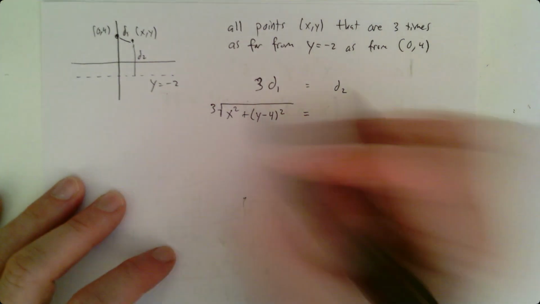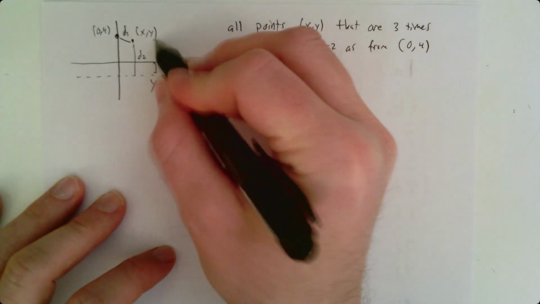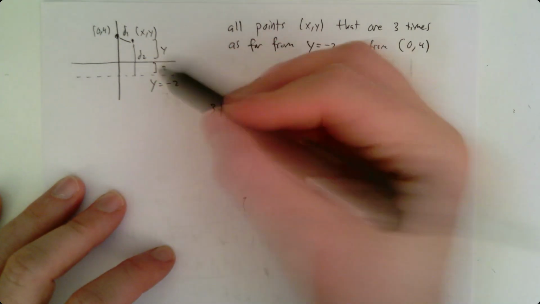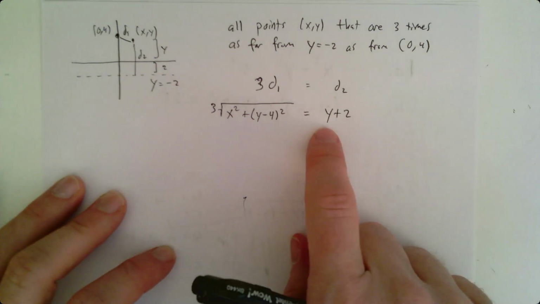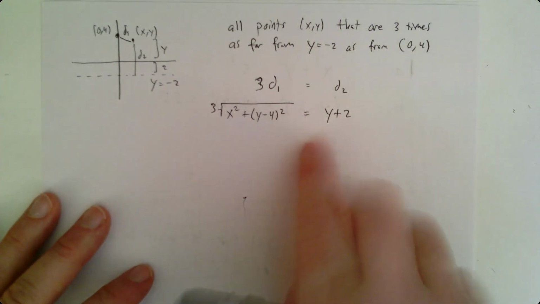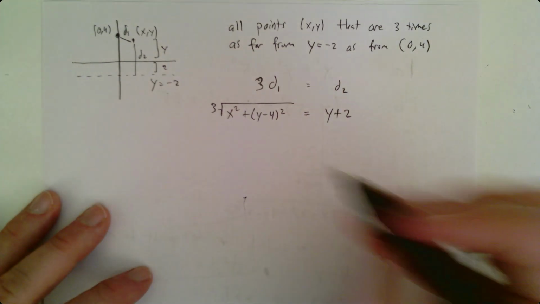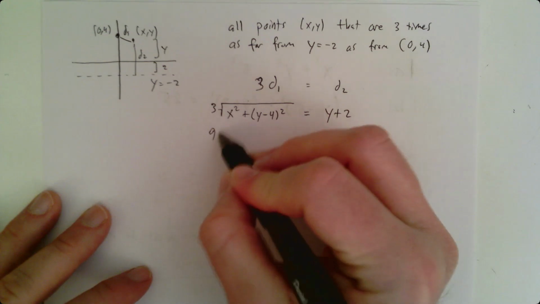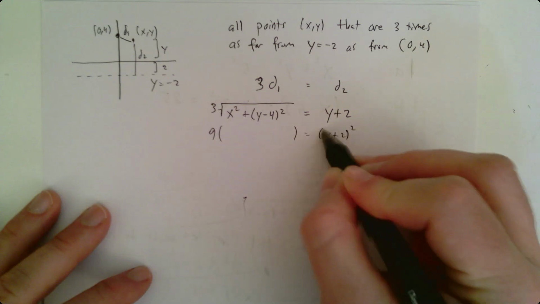And then D2, that distance is 2, and then this distance is y, so that whole height must be y plus 2. If you type that into Desmos, you would see the answer, but let's algebraically restructure it into a nicer form. So I'll square both sides, the 3 squares to become 9, and then this is y plus 2 squared.